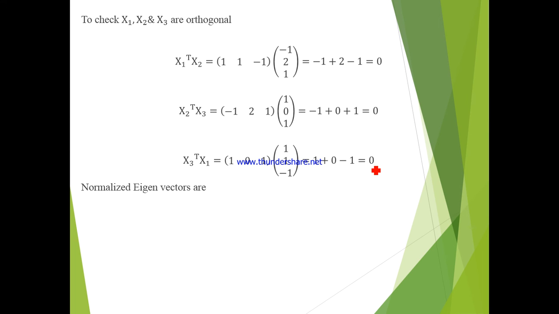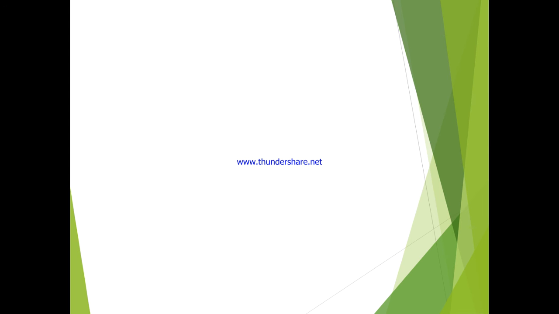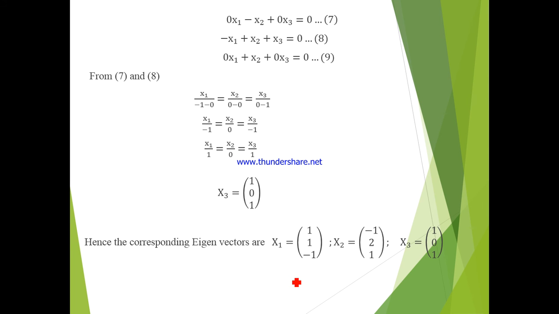Normalized eigenvectors: we have to divide each element by the square root of the sum of the squares of the elements. For X1, the sum of squares is 1 square plus 1 square plus minus 1 square, so the value is root 3.